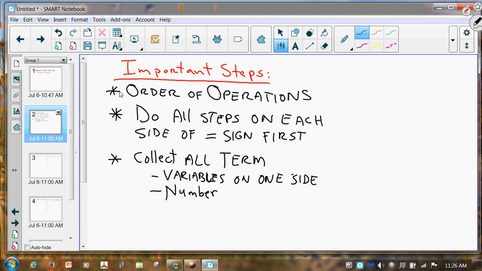Now when I say variables, I'm including the coefficients, such as 3n or 5n, something like that.